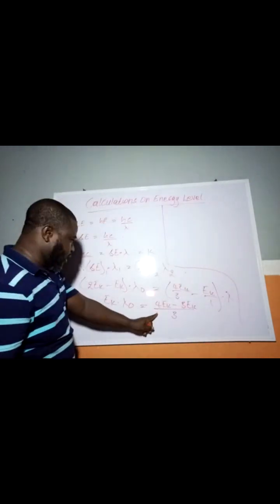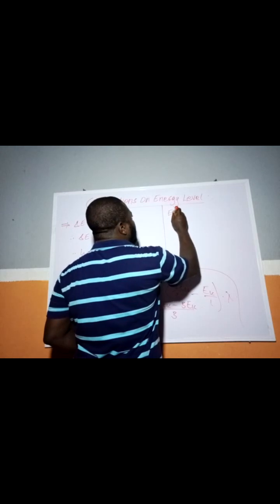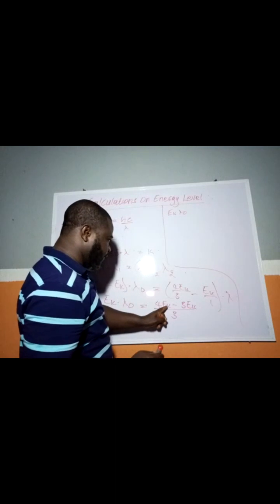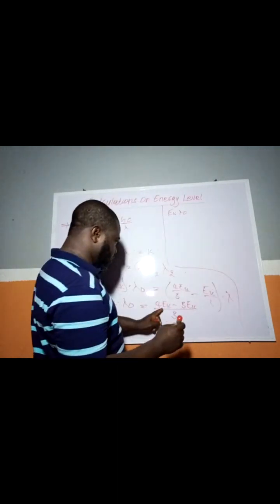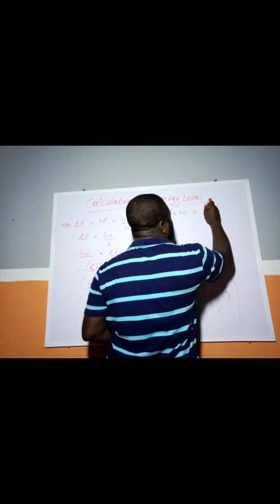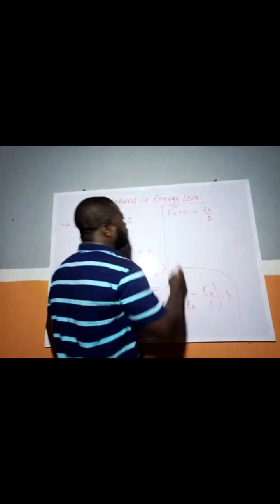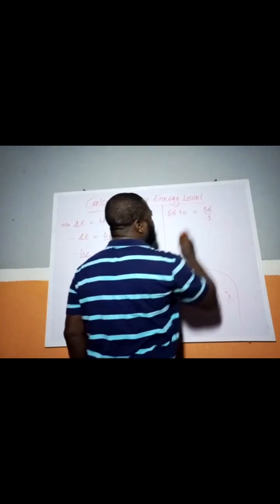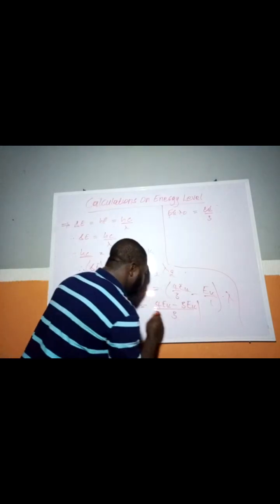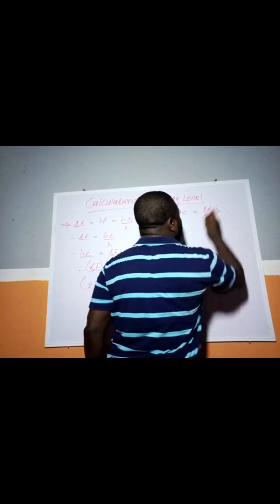So from here we can have EK dot lambda naught equal to EK/3, and this is also multiplied by lambda.